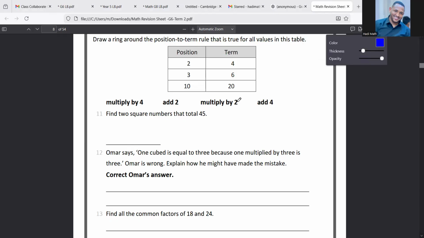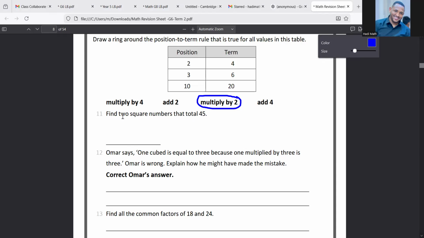So we draw a ring around this one. Multiply by 2, because 2 multiplied by 2 is equal to 4, 3 multiplied by 2 is equal to 6, and 10 multiplied by 2 is equal to 20. You can apply each one of them. This, multiply by 4, 2 multiplied by 4, no. 2, 2 plus 2 is 4, yeah. 3 plus 2, no. Okay, this one, yes. This add 4, 2 plus 4 is 6, no.